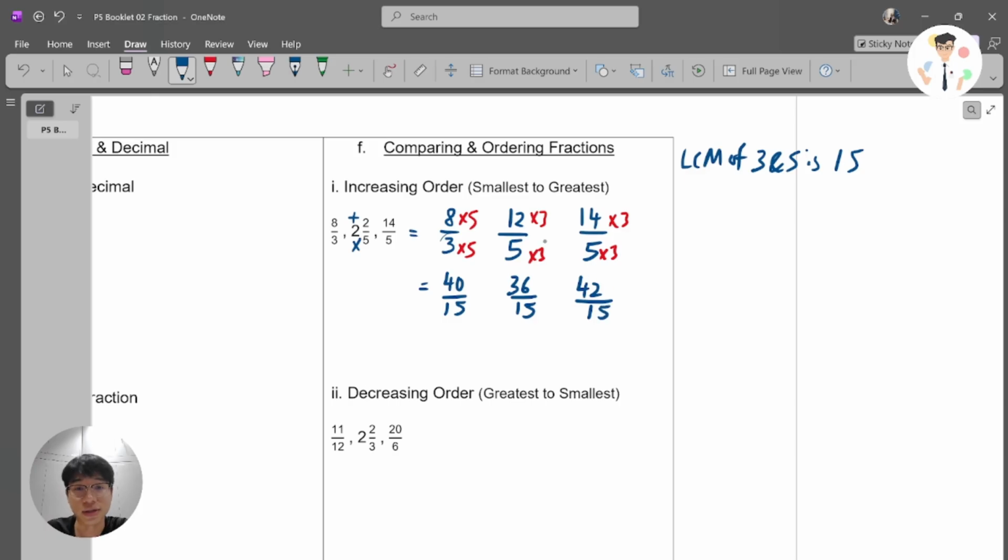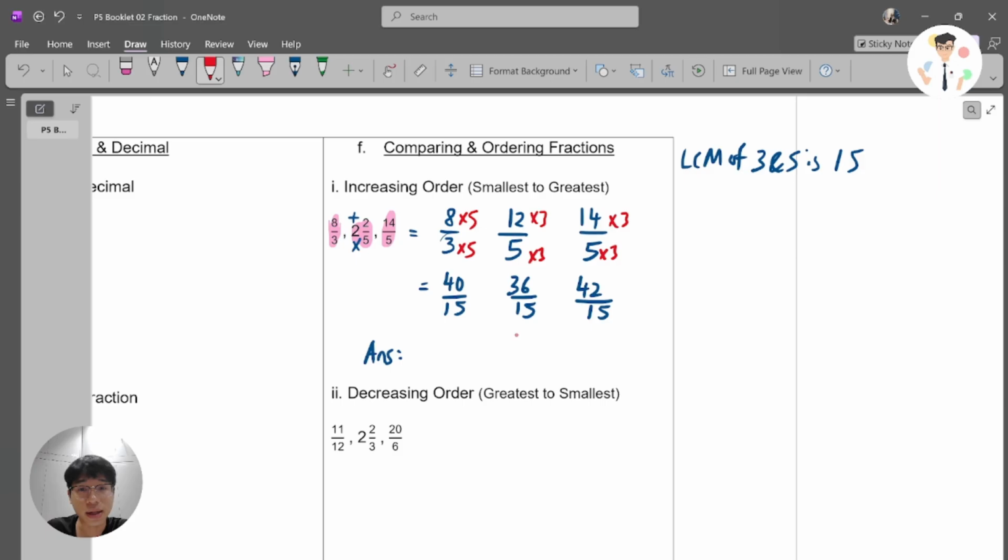Now I can see very clearly this will be the smallest, this will be the middle one, and this will be the greatest. However, when we write this answer down, we must write back the original given fraction. For example, this is what we are given, so we must write this. We cannot write the one that we have converted.